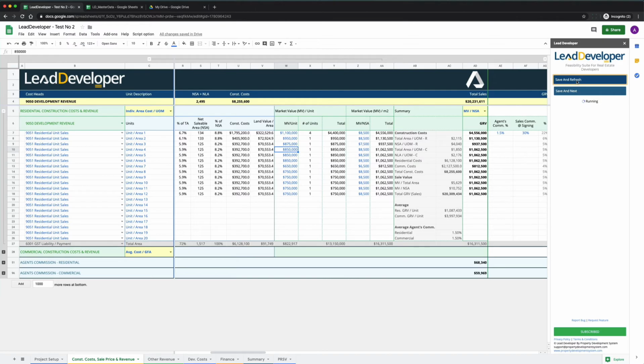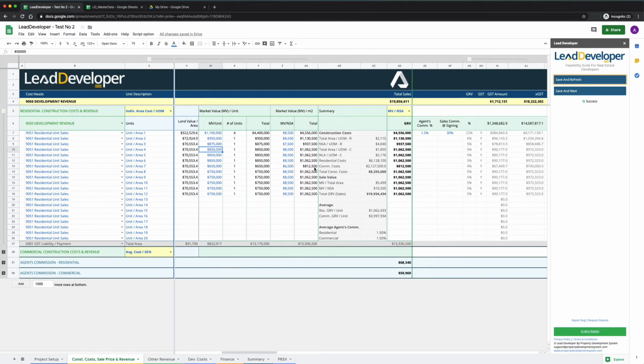Even if you forgot about it, you don't have to worry, so long as you move to the next section by pressing save and next, because that triggers all the calculations to recalculate. One of the main reasons I wanted speed was the sheer amount of calculations that we have in here. Every time we were doing it, it used to time out.